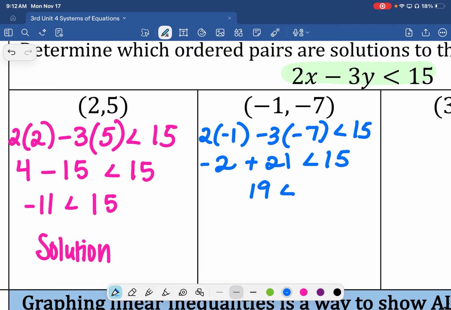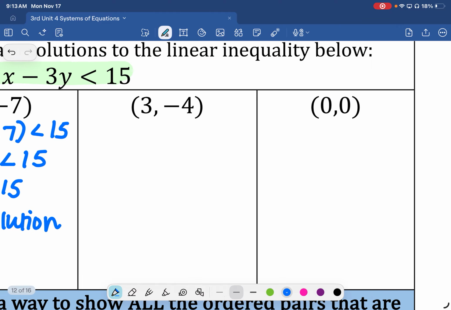Positive 19. Is 19 less than 15? So that is not a solution. Okay, it's not a solution, not no solution, because this problem does have a solution, it's just not that one. Now I want you to do the last 2 points on your own.